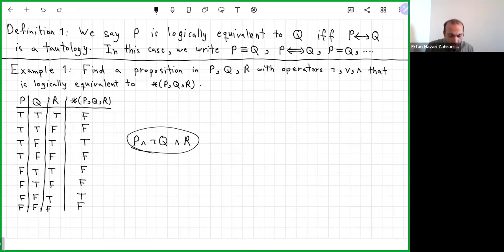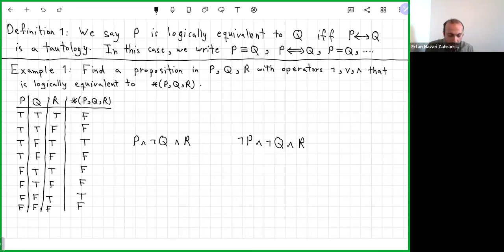I can do the same thing for this other row, which is true. The combination that is true only on this row is not P and not Q and R. R is true in this case.